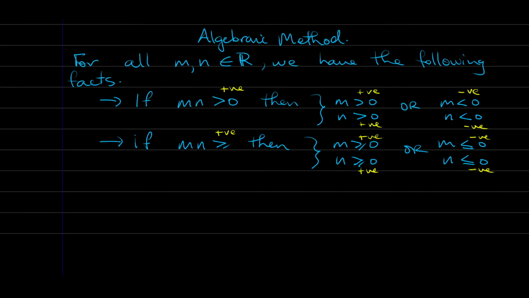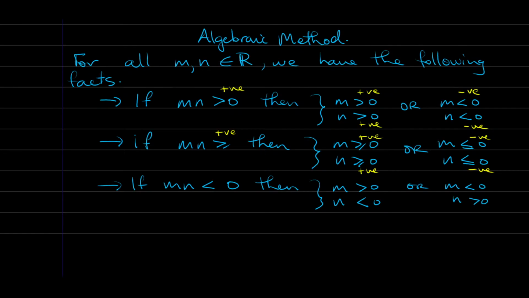Okay, let's go on to the next one. If mn is less than 0, then we have the case where m is greater than 0 and n is less than 0, or m is less than 0 and n is greater than 0.